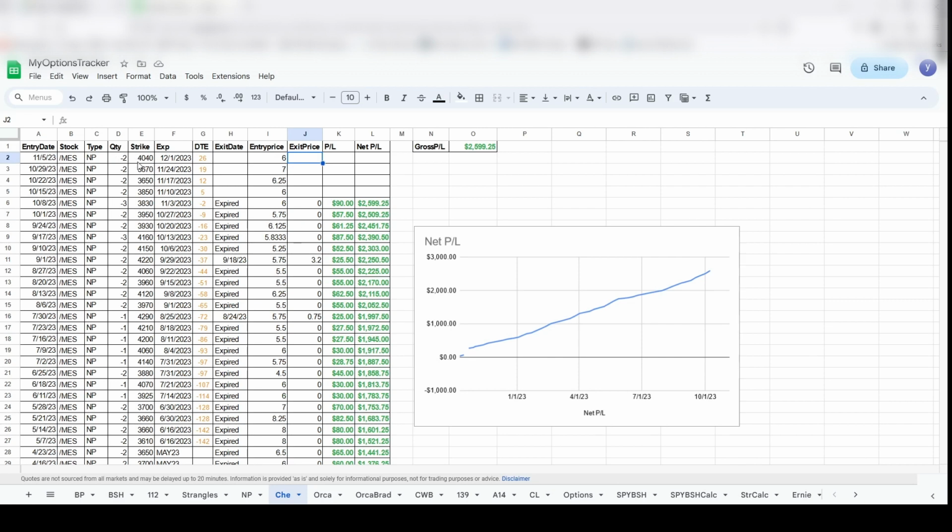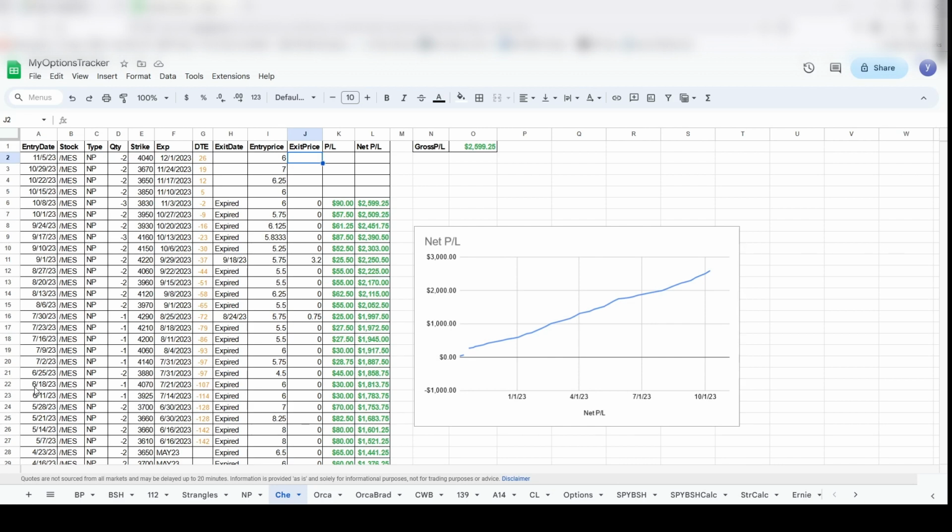When you have enough money in your account and you grow it, then you can do more contracts and you can make more money. Like here, when we did three contracts, we made $90 versus two contracts, we only made like $60. So once we have more money in our account, we can do three contracts and then we can start making like $90 to $100 a week. Okay, so just keep that in mind.